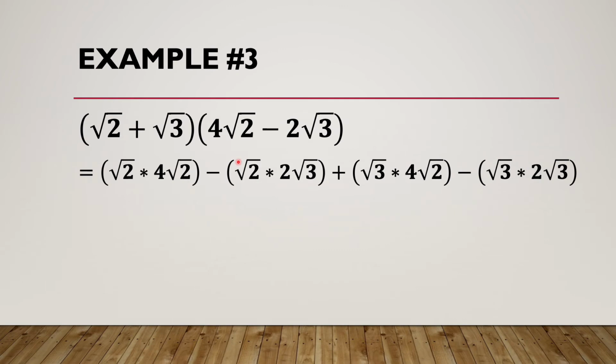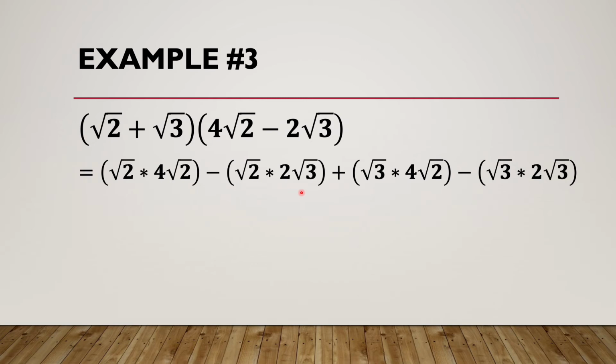First, square root of 2 times 4 square root of 2. Then, outside, square root of 2 multiplied to negative 2 square root of 3. Positive, negative, so we will have negative.